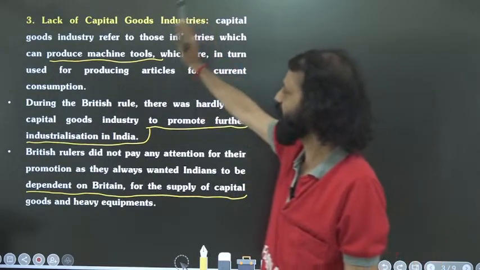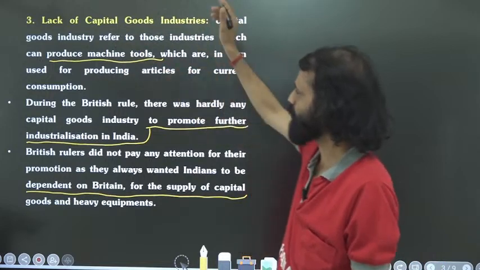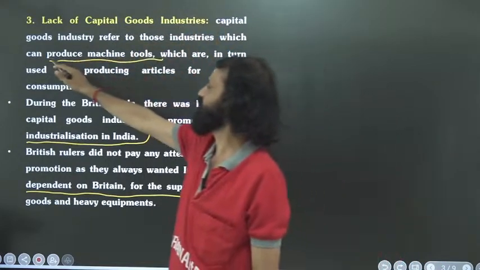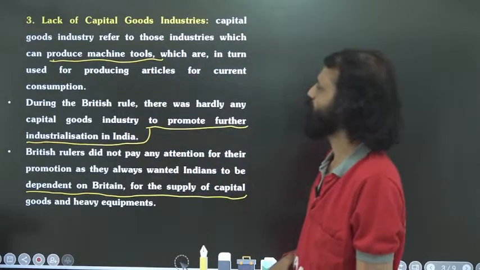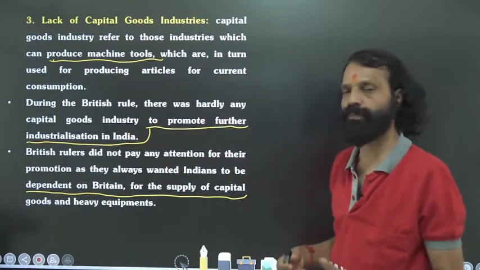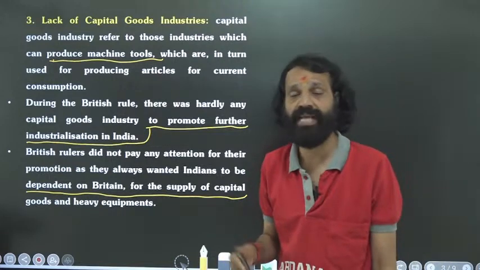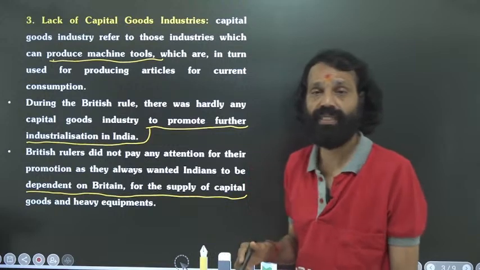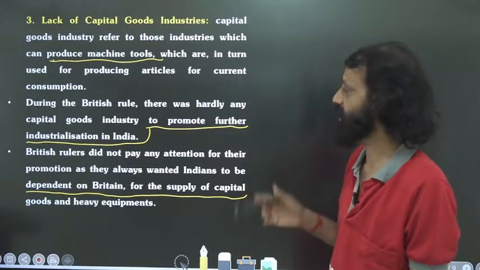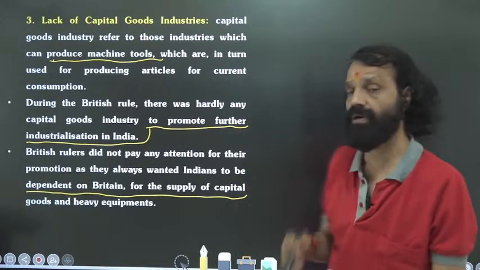So, lack of capital goods. What are capital goods? Capital goods means here machine tools. They didn't promote more industries which can produce more machine tools, as well as more training for Indian youths. They didn't train our people.